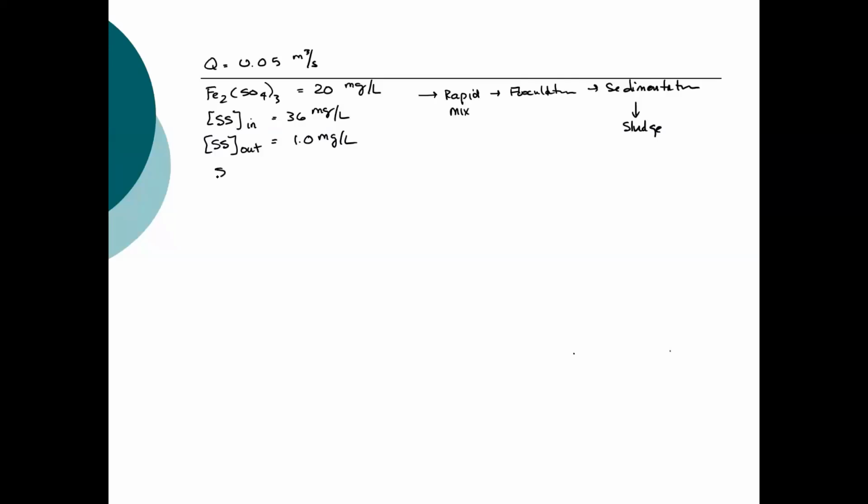You are told that the sludge solids content is 1.05%, and the specific gravity of the sludge solids is 2.5, and you're asked for the volume. Now, the problem actually states that the dry solids produced is 46.2 kilograms per day.